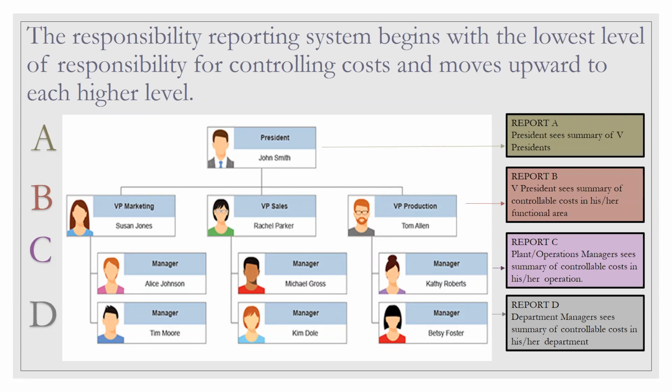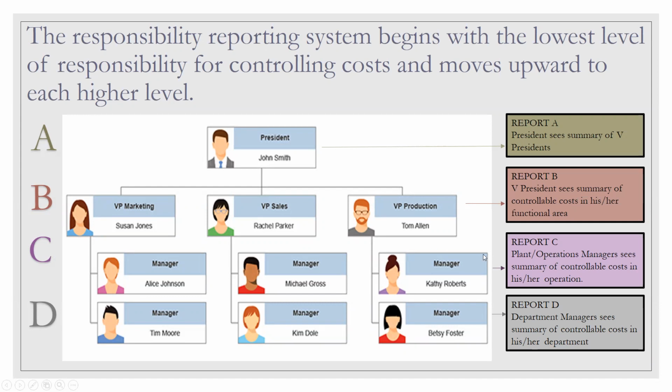So the responsibility reporting system begins with the lowest level of responsibility for controlling costs and moves upward to each higher level. As you can see in this illustration, we have a report that comes from the lowest part of the responsibility people, which are the department managers. These are the ones that see the summary of controllable costs in their department.